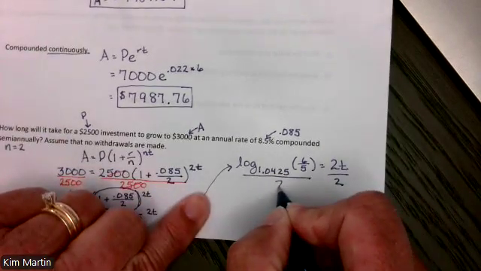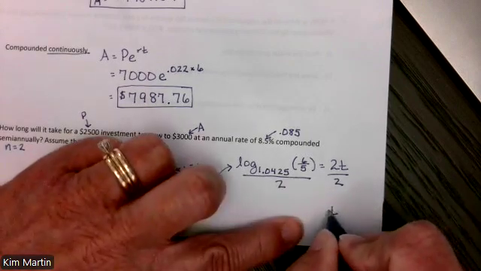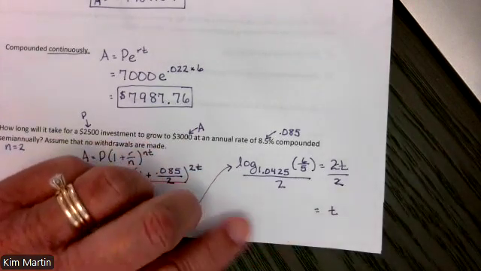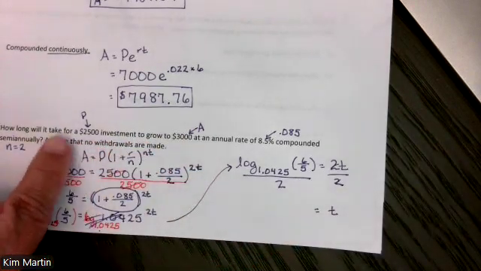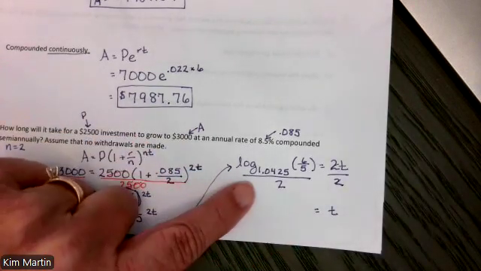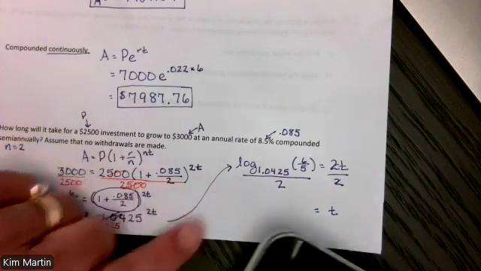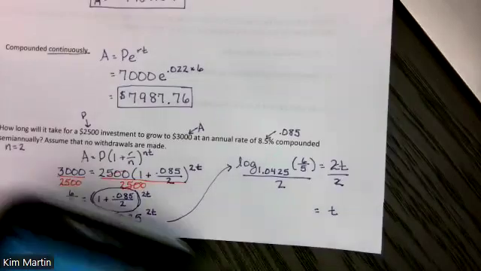Now I'm going to show 2 different ways of doing this. Since we're talking about time, this doesn't make sense as time. That would be our exact answer, but I have no idea how long that is.